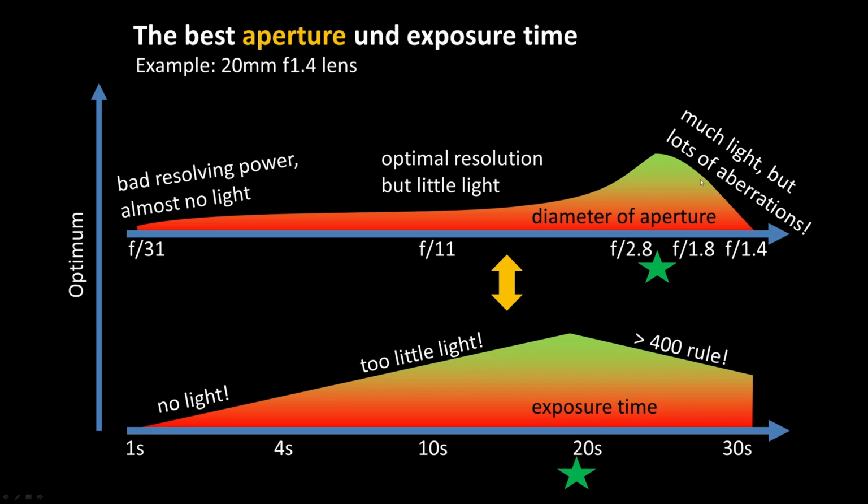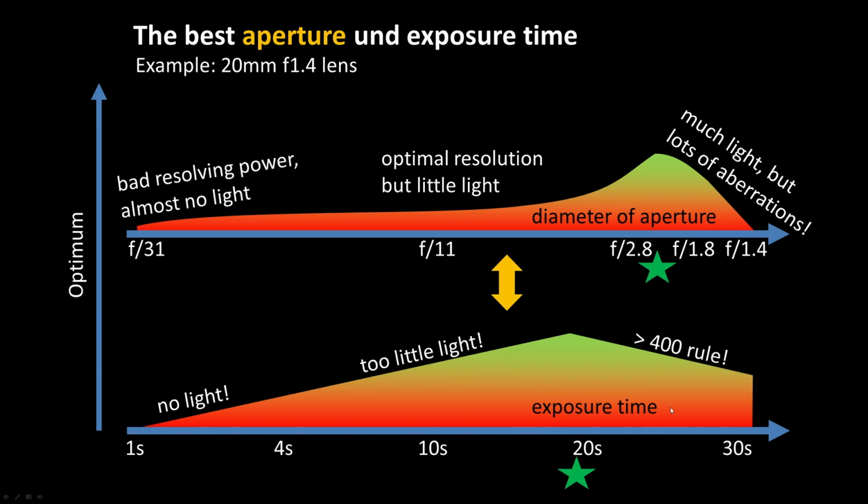I start having lots of aberrations, that means imaging errors, and in the end I have bright images but very bad images. So somewhere in between we have an optimum for the aperture.